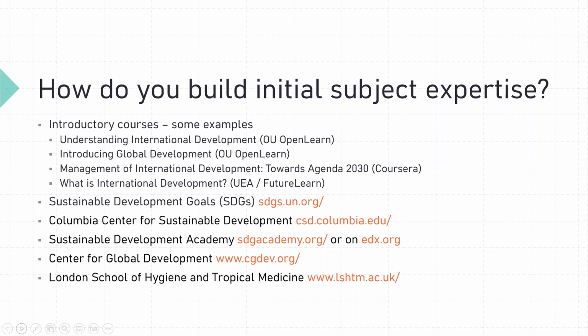You'll probably also be familiar with Coursera and FutureLearn as online learning platforms. So one from Coursera there that I've mentioned, Towards Agenda 2030, another from UEA, which is the university down the road from me, Waters International Development, which is hosted on FutureLearn. Again, free and paid options there as to whether you want to get a certificate and so forth for it.